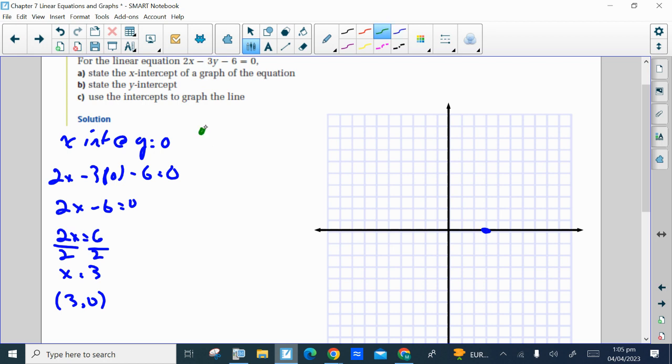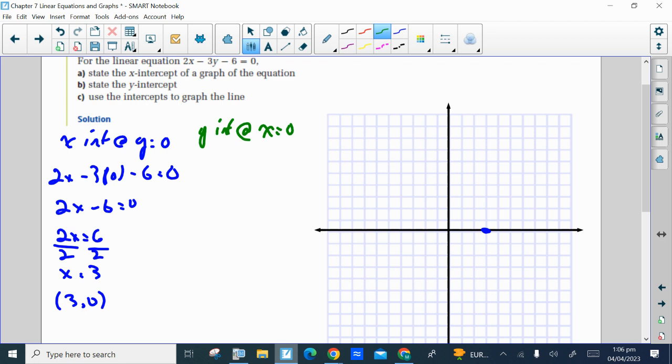Righty, how do we find the y-intercept? Can you help her, Declan? You are going to let x equal 0. Yep.